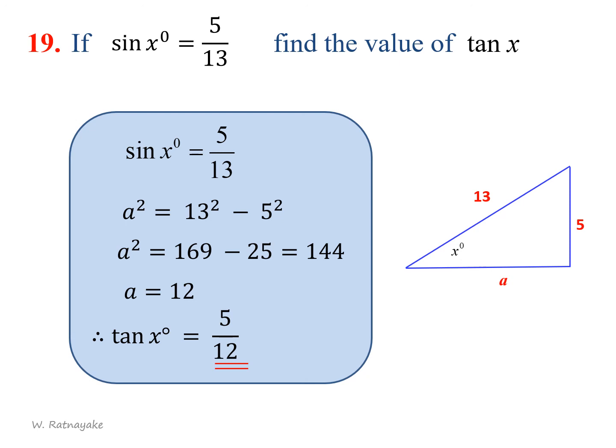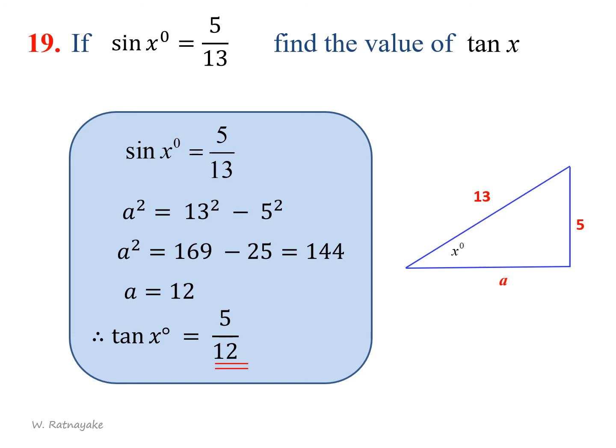First, we represented the relation given in a right angle triangle, and using Pythagoras theorem we found the length of a, and using the definition of tan x, we wrote the value of tan x as 5 upon 12.